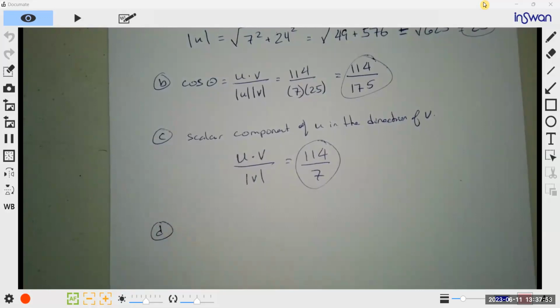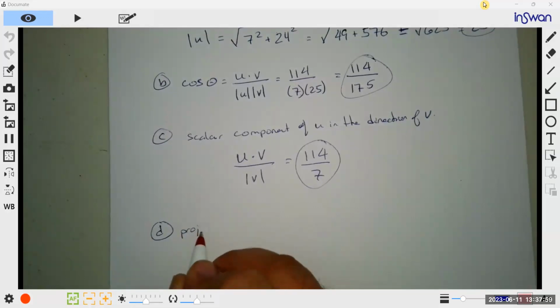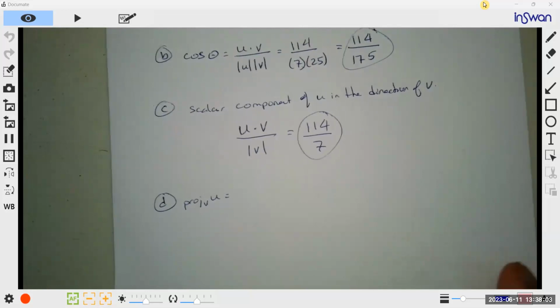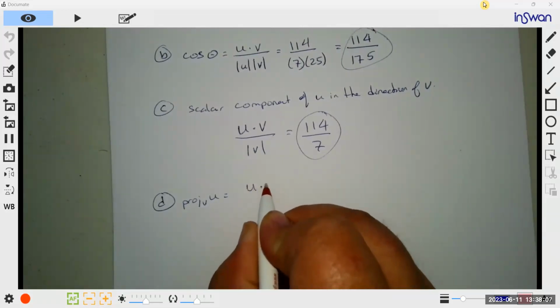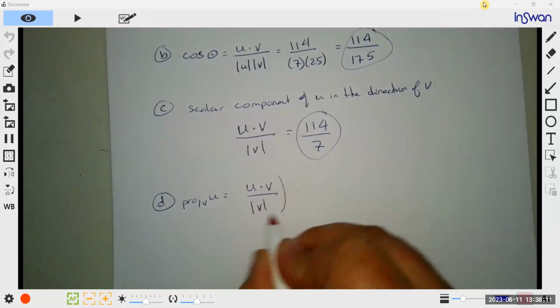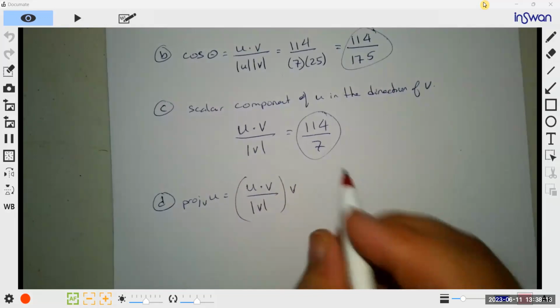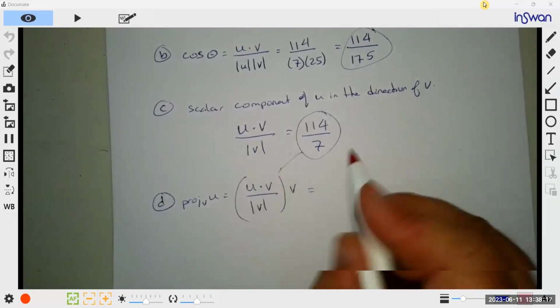And D says find the vector projection of u onto v. That's u dot v over the magnitude of v squared, times v. Well, this we got from up here.